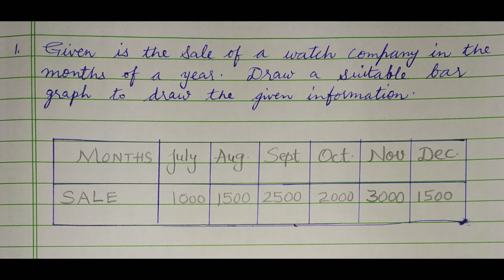And in the first column it is given how many watches are sold by a watch company in a particular month. The number of watches sold in July is 1000, in August 1500, in September 2500, in October 2000, in November 3000, and in December 1500. So we have to make a bar graph by taking these values.